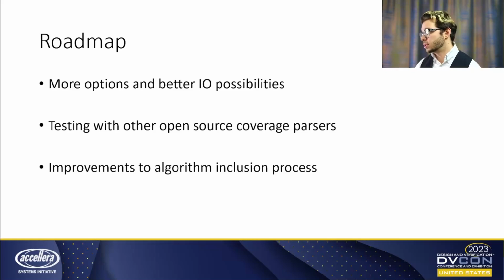We also wanted to do some testing with some other popular coverage parsers. And we also want to do some improvements to how these algorithms are being applied to our script, because you have to come up with a function that translates coverage to constraints.